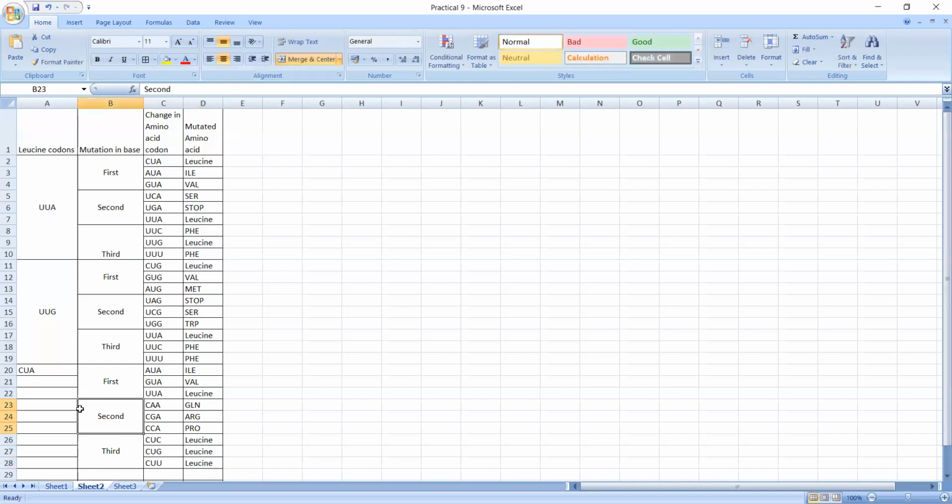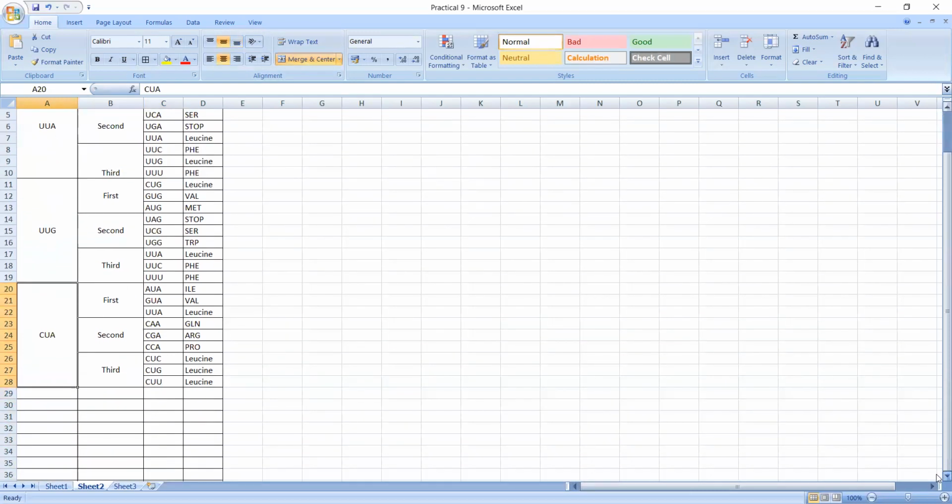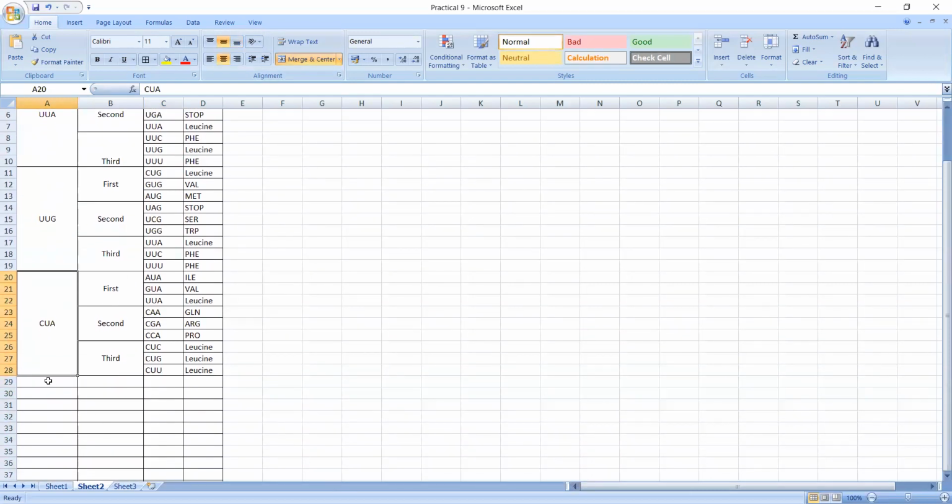And the Wobble hypothesis also suggests the same, that if there is a change in the third base, also called the wobble base, there are chances that the amino acid may not change. We have already learned in theory about the redundancy of the amino acid.